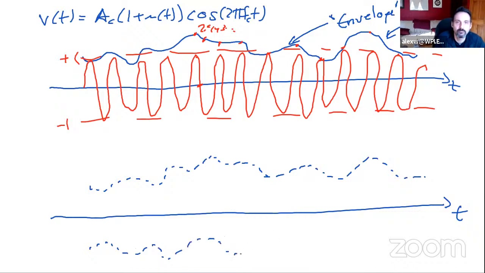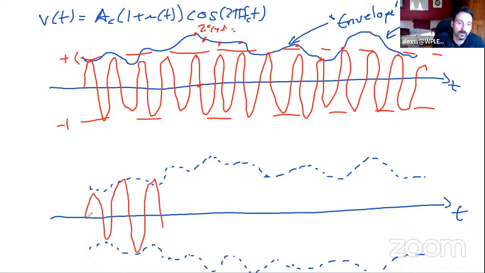Oh, shucks. I knew I was not drawing right. Let me try again. There. And inside that envelope, you're going to have the cosine wave shape.